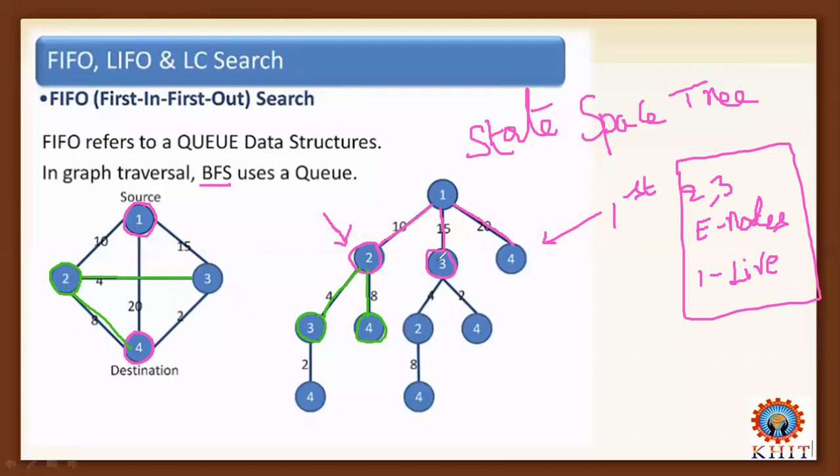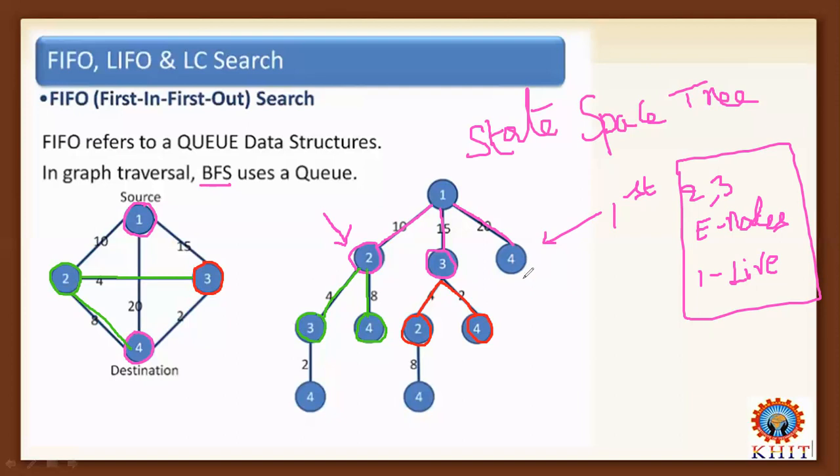If you consider node 3, how many paths are generated? From 3 to 2 there is one path, and another path is 3 to 4. And there is no direct path from node 4.